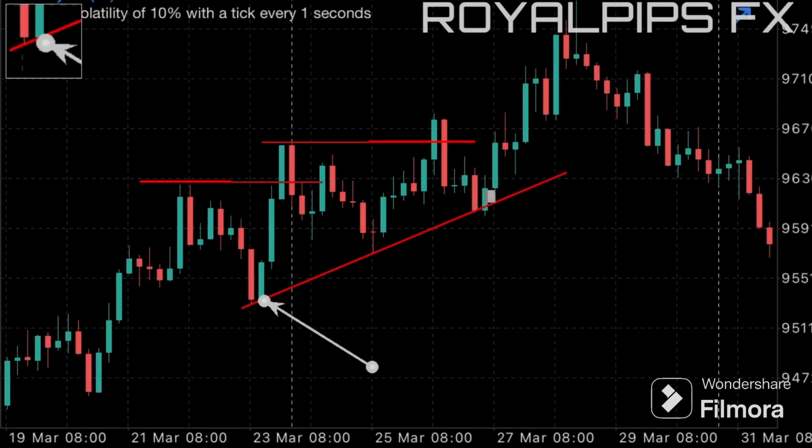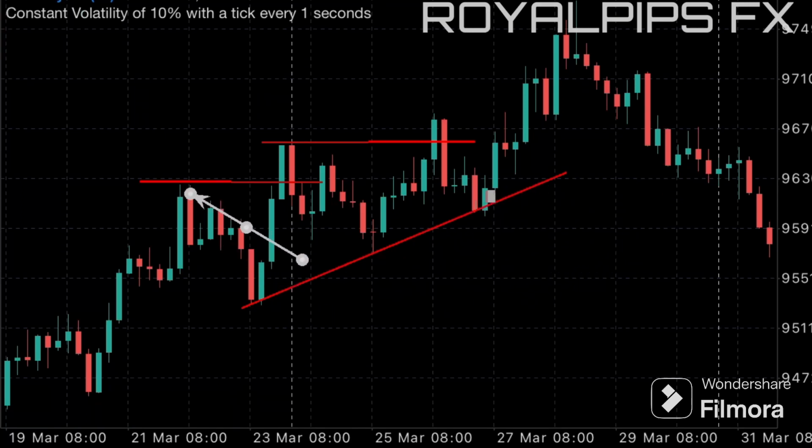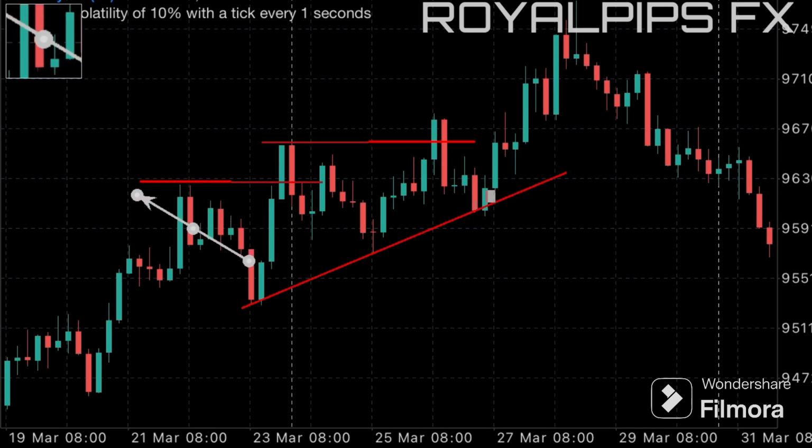As you can see, here we have our first touch of the trend line. We have the second touch and we have the third touch. This alone will not guarantee that this market is going to move up. When you look at this point, you see that there is a break of structure to the upside before the market pulls down and it pulls back up again.